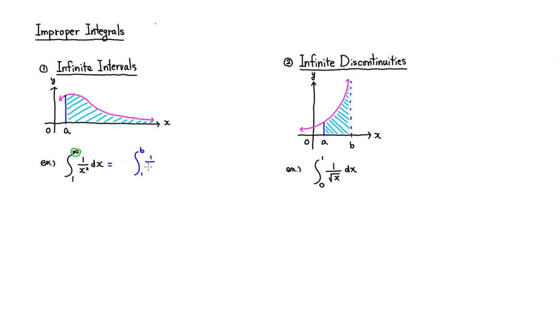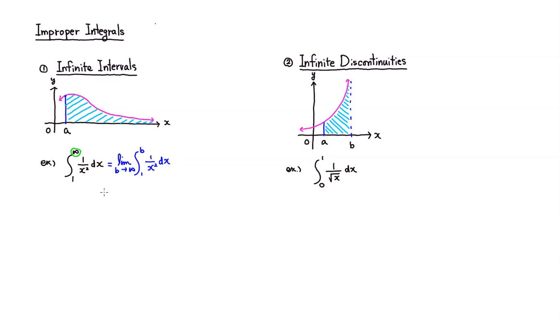If b is a finite number, we know exactly what to do, but these are not exactly the same, so we have to make b larger and larger. The good notation in math to do that is the limit as b approaches infinity. So let's evaluate this.